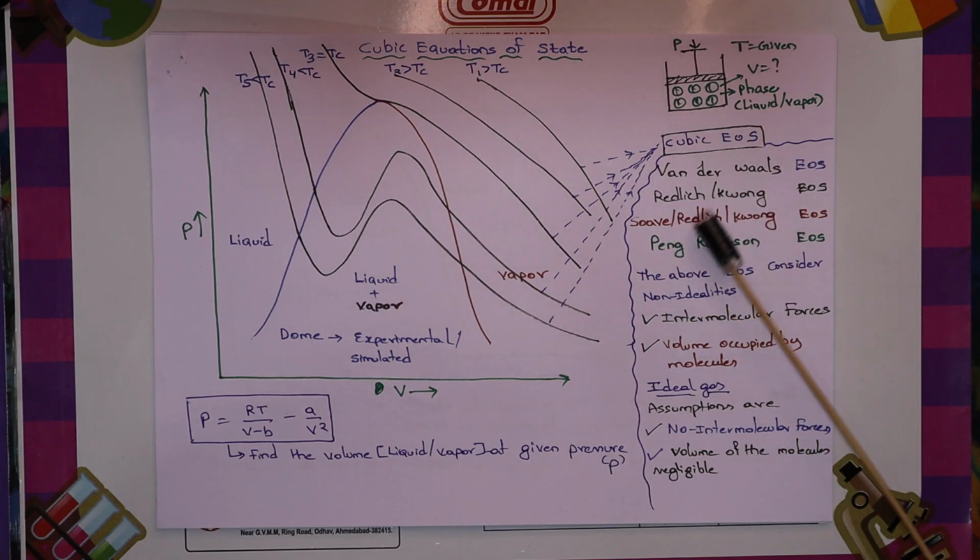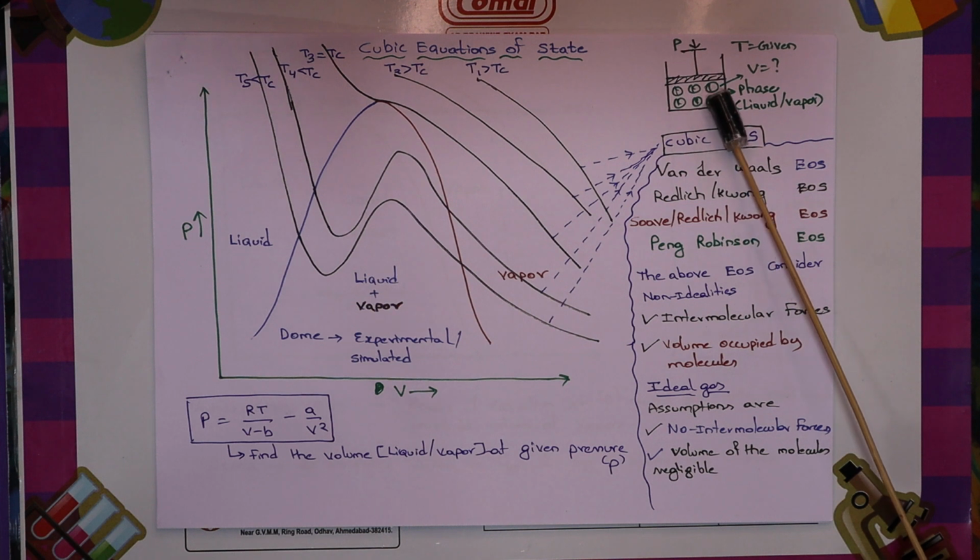Then why is it necessary? As in most cases we go with the ideal gas, because you can find the vapor volumes if you imagine it is an ideal gas inside the chamber.